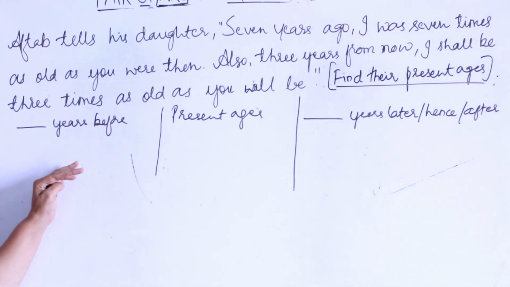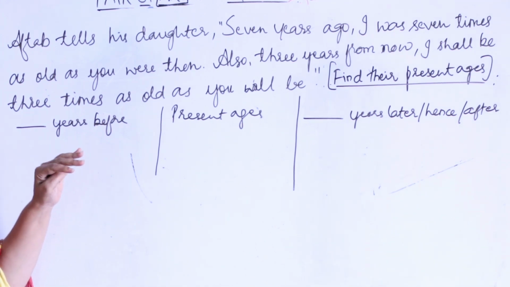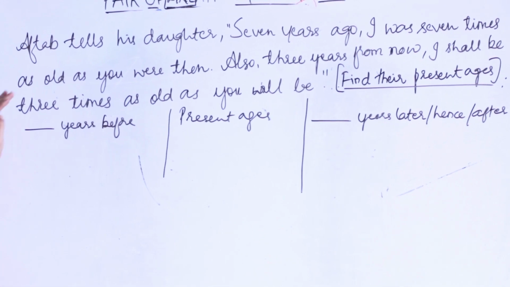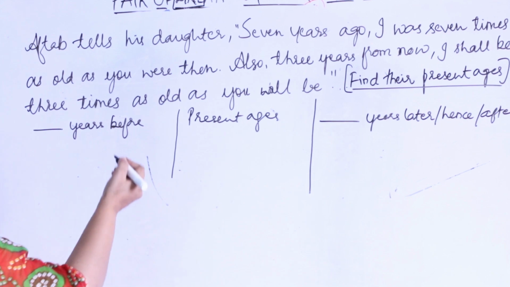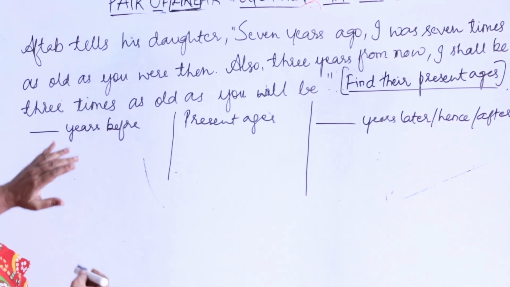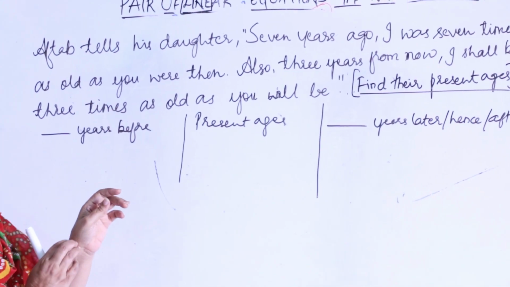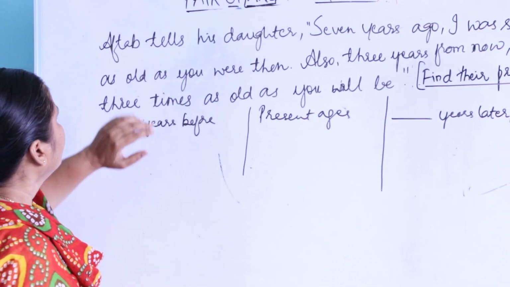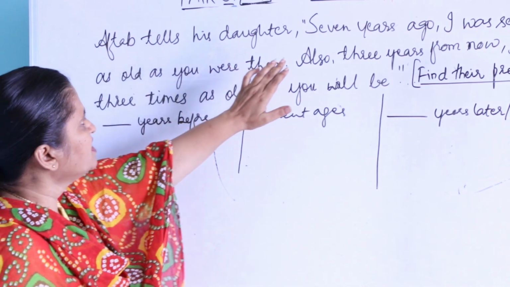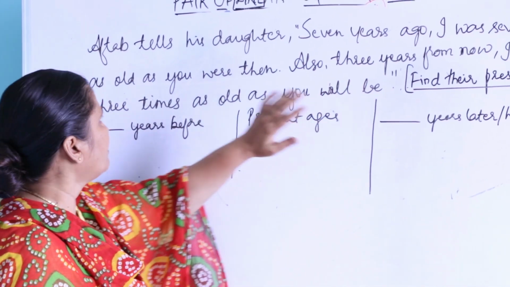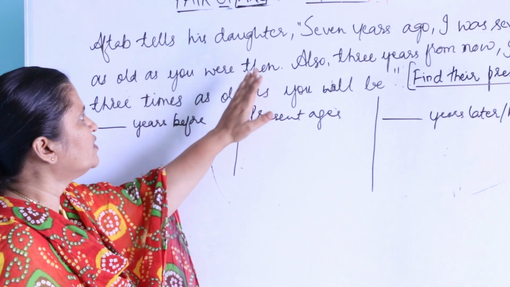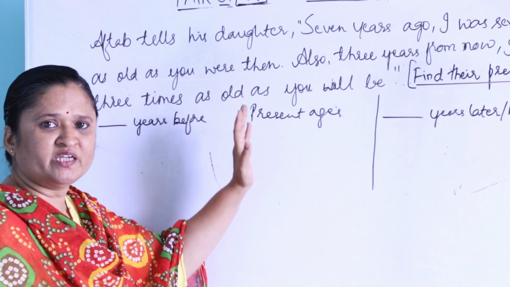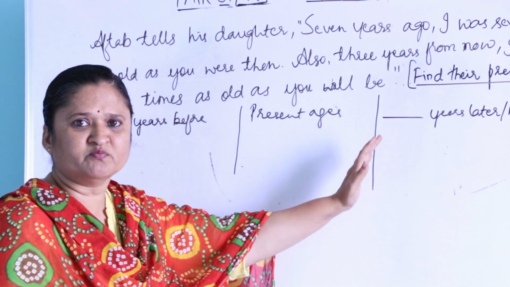And then the next is, we have to assume x and y here. Now what should be our x? Whichever is dependent. First you need to understand the two variables. One is dependent on the other. Now Aftab tells his daughter, 7 years ago I was 7 times as old as you were then. Here Aftab is 7 times.